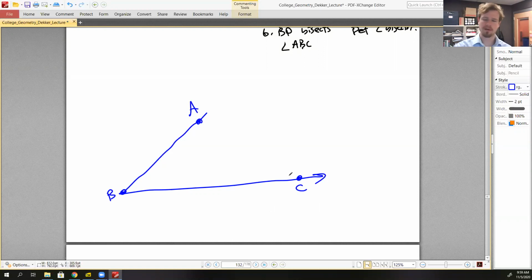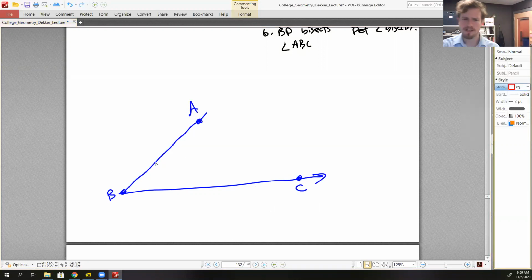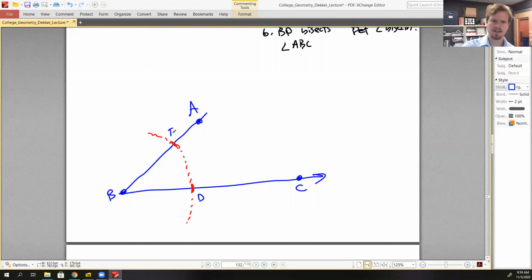So what I'm going to do is find a circle of some positive radius, giving me these two marks. If I wanted to draw the complete circle, it'd look like that, but all I'm interested in is those two marks. From here, I can label those points as D and E.